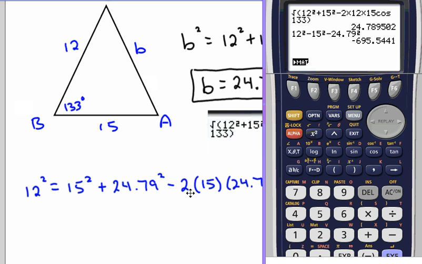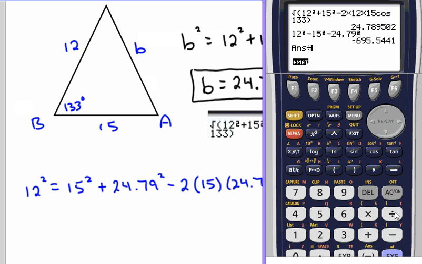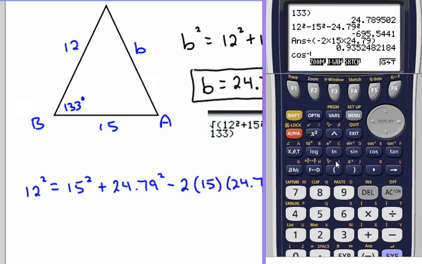That's what negative 2 times 15 times 24.79 times the cosine of A would equal. So then I'm going to divide that answer by negative 2 times 15 times 24.79. So there's what cosine of A would equal. Then I'll do inverse cosine of that answer.